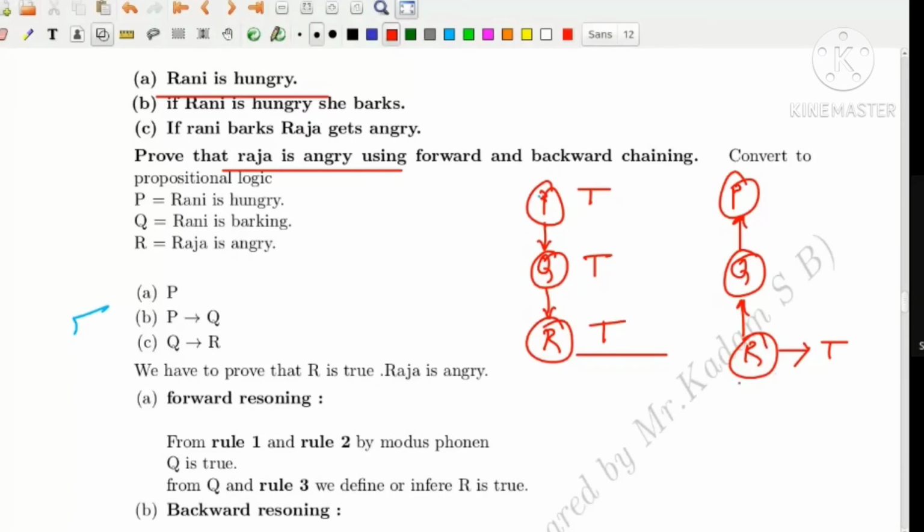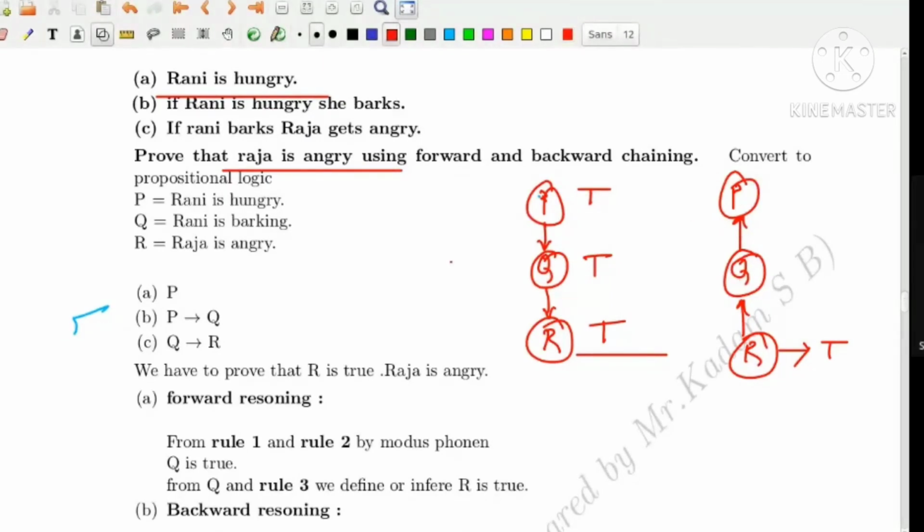So for proving R is true, I have to go about finding clues. I have to first find out that Q is true, because Q is implying R. If I want to prove Q is true, I have to first prove that P is true, and if P is true, then only I can prove that Q is true.